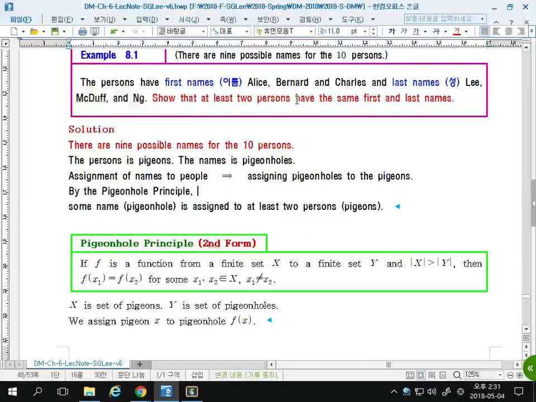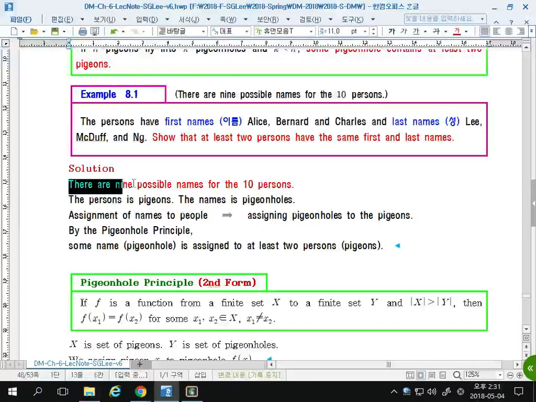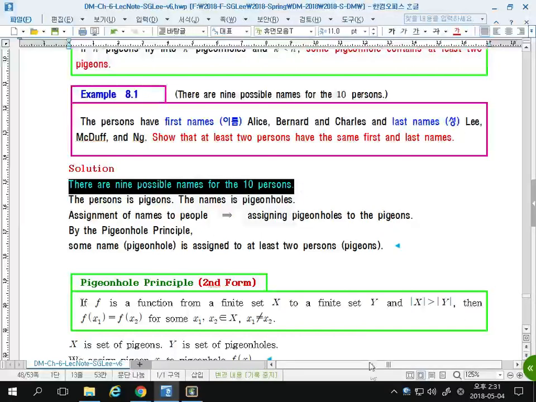Show that at least 2 persons have the same first... 10 persons. 여기서 10사람이라는 말이 빠졌네. 그쵸? There are 10 persons.